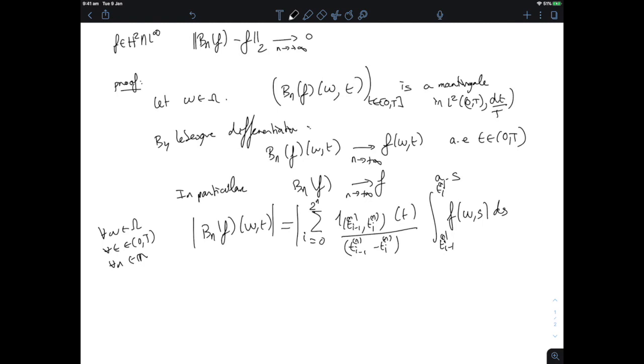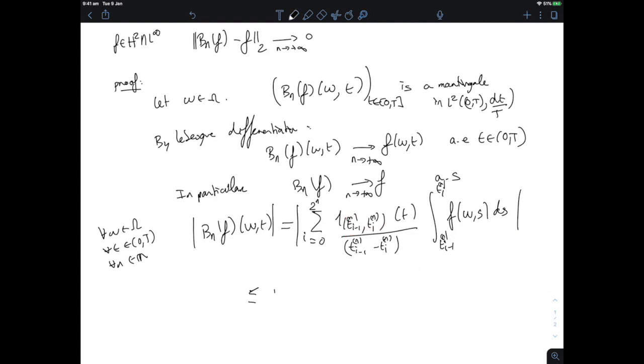Right, now I can use the triangle inequality, and what do I get? I get that this is certainly smaller than the sum from i equals 0 to 2 to the n, and actually for any t, there's only one value of i in that sum for which what's inside the sum is non-zero, because these are disjoint intervals.